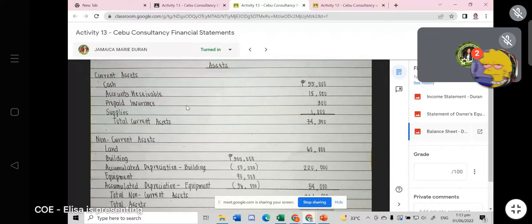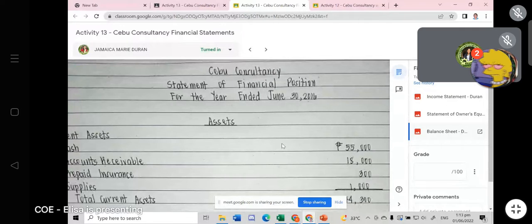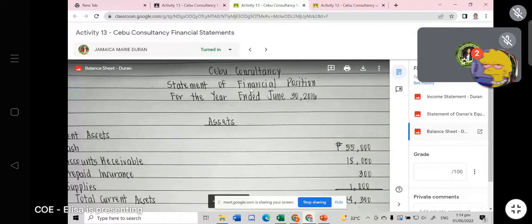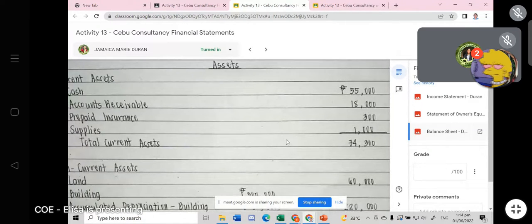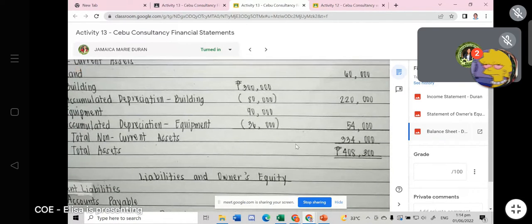In the way I will be checking your activity, I will give points to proper heading, proper placement of the peso sign, and I'm looking at the single underline, the double underline, then the peso sign.